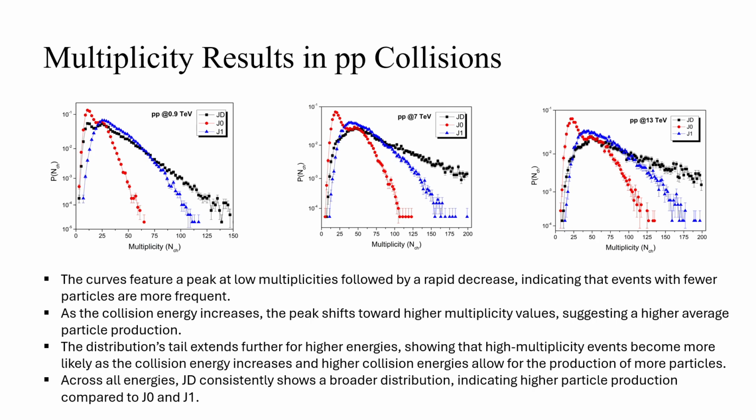The second implication of these multiplicity results in proton-proton collision is that they serve as a test for theoretical models in quantum chromodynamics, QCD, which predicts the behavior of particle multiplicity at various energy scales.